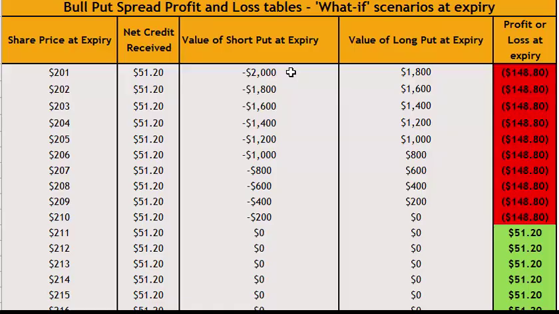Now, we sold two put option contracts, so that would mean it's a minus for us, and it's minus 20. And remember, in the options market, one contract controls 100 shares of stock. So minus 20 by 100 gives you minus 2,000. At 202, it's minus 1800. At 204, it's minus 1400, and so on and so forth.